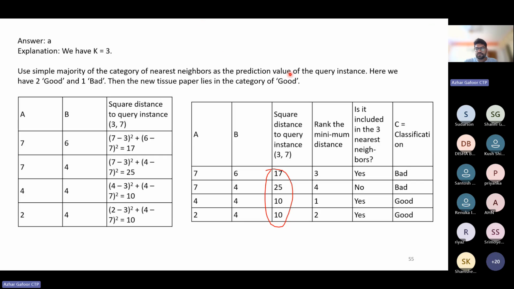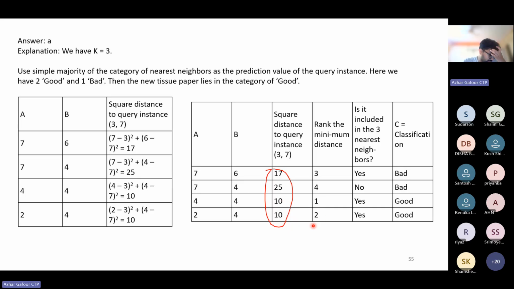Sudarshan, you have a question? Yes, there are two tens, but we make it 1 and 2. On which basis was that done? It's both the same, it's equidistant, so it's okay.